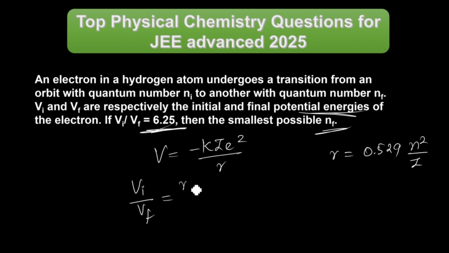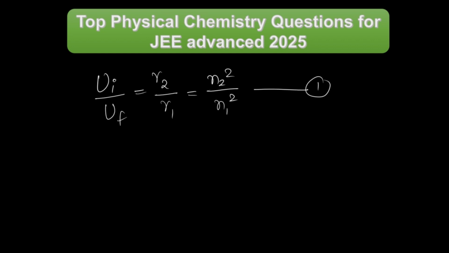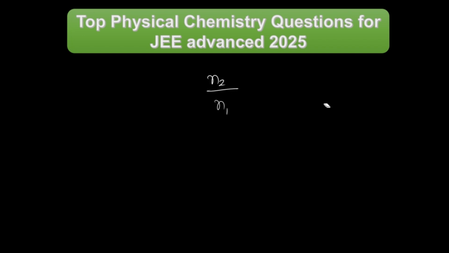So I am taking that as r2 by r1. So r is directly proportional to n square, which will be n2 square by n1 square. So Vi by Vf value is given as 6.25, which makes n2 square by n1 square.